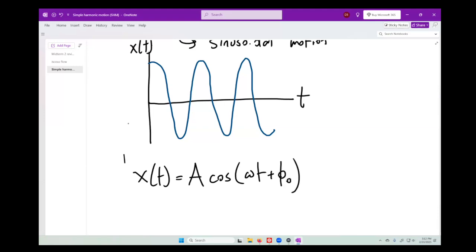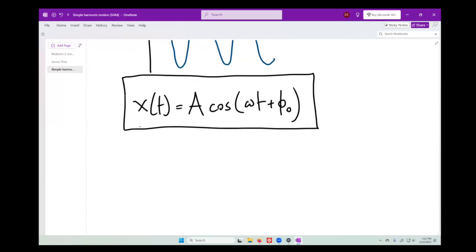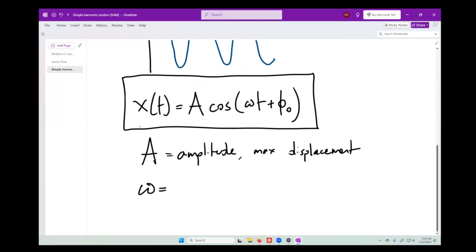Okay. So A here is the amplitude, which is the maximum displacement of the system from equilibrium. Omega is the angular frequency, which is 2 pi over the period.